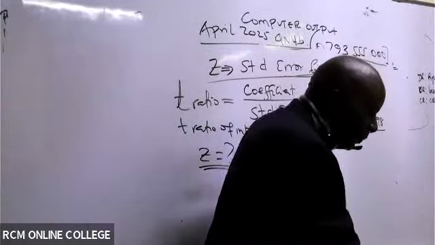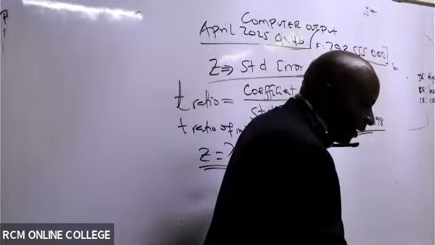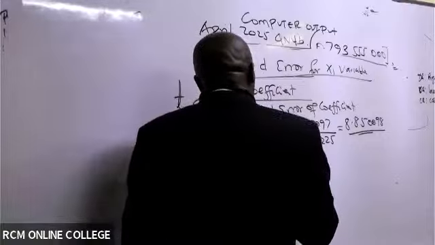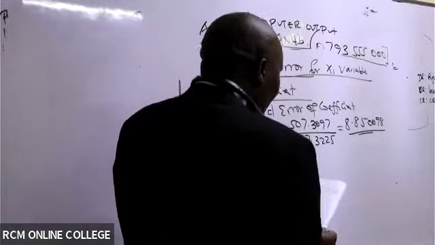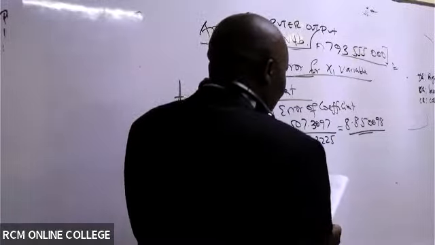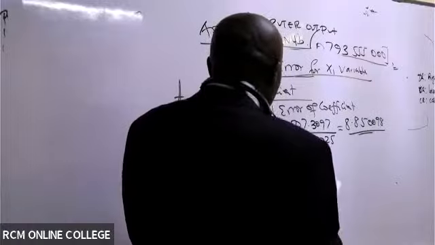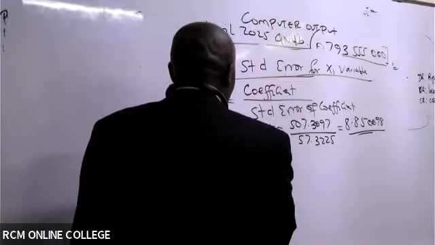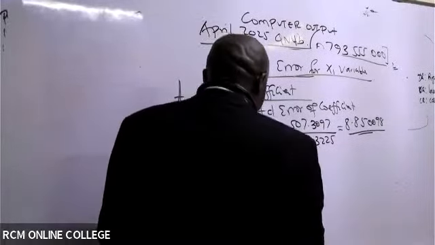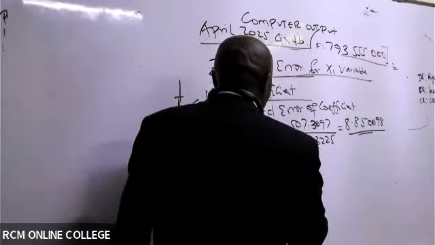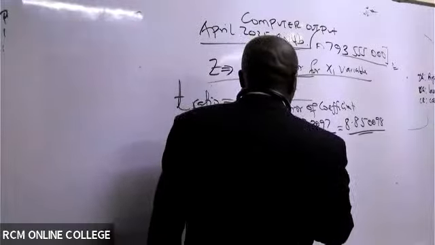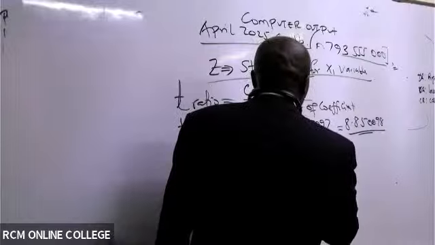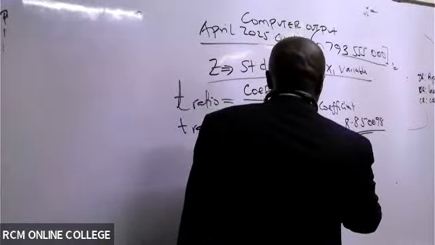Now most of them are able to get the correct answer. What they are telling me is that, mwalimu, we can see that the T ratio has been given, isn't it? Remember our formula: T ratio equals coefficient all over SB, or standard error of the coefficient.